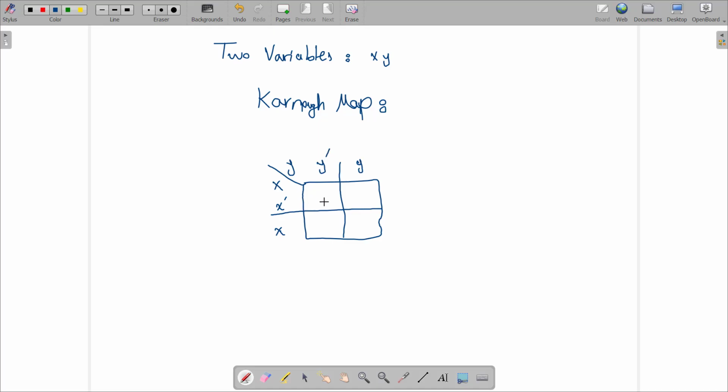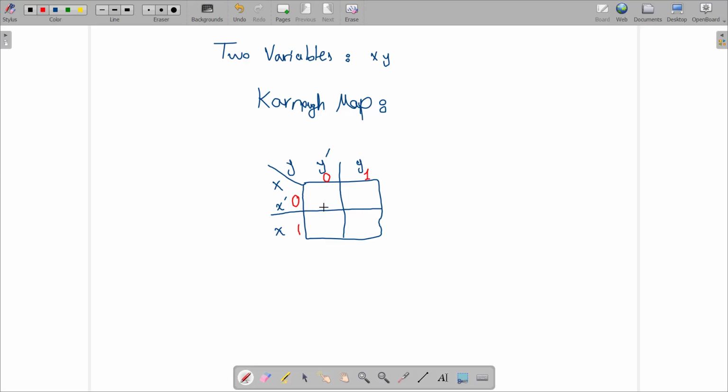Inside these squares we write the minterms, and in the case of minterms we learned that if we have the original variable we have 1, if we have the complement of the variable we have 0. Similarly, because this is y prime we have 0, this is y we have 1.